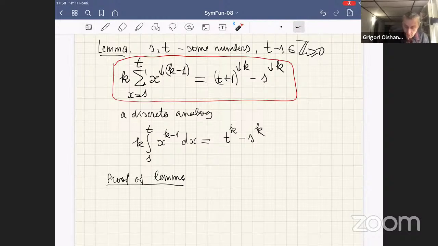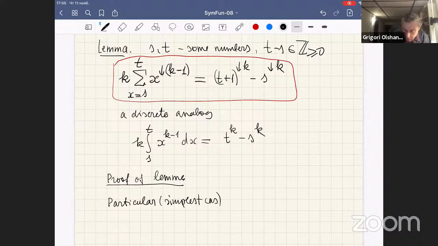So what do we get? I want to prove that in this particular simplest case, t minus s equal 1.